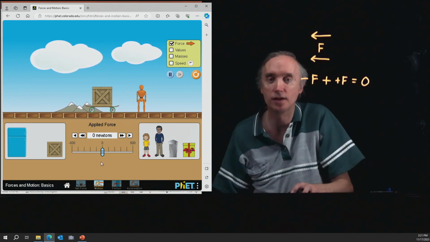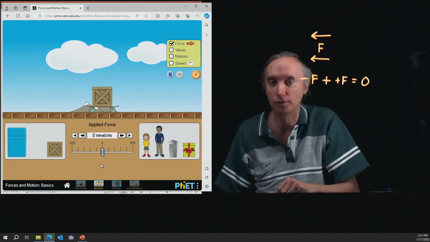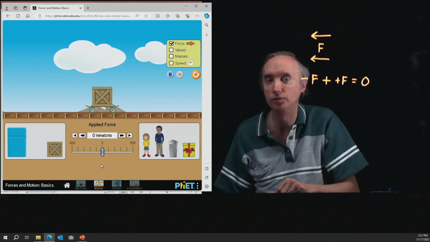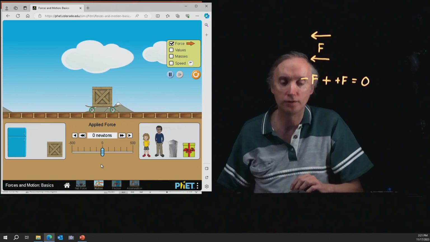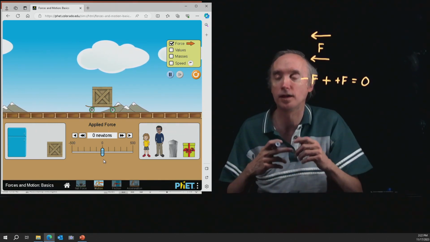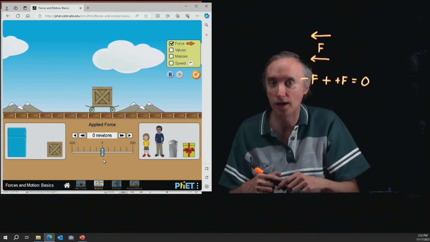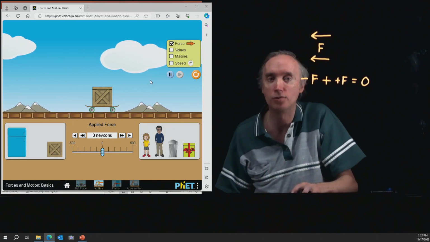So again, notice that whatever the direction of the force, that's going to be the direction that the object is going to move in. But remember that I wanted to come up with a description of the motion. So how would we describe that motion?